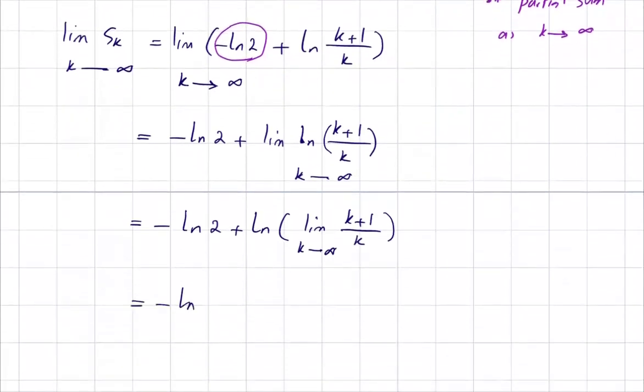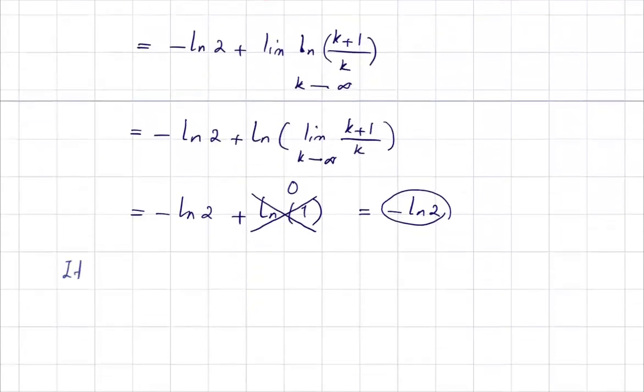This is negative ln of 2 plus ln of the limit of k plus 1 over k as k goes to infinity. The limit here is equal to 1, but ln of 1 is equal to 0. So you end up with negative ln of 2. What's the meaning of that? It means that our series approaches negative ln of 2.